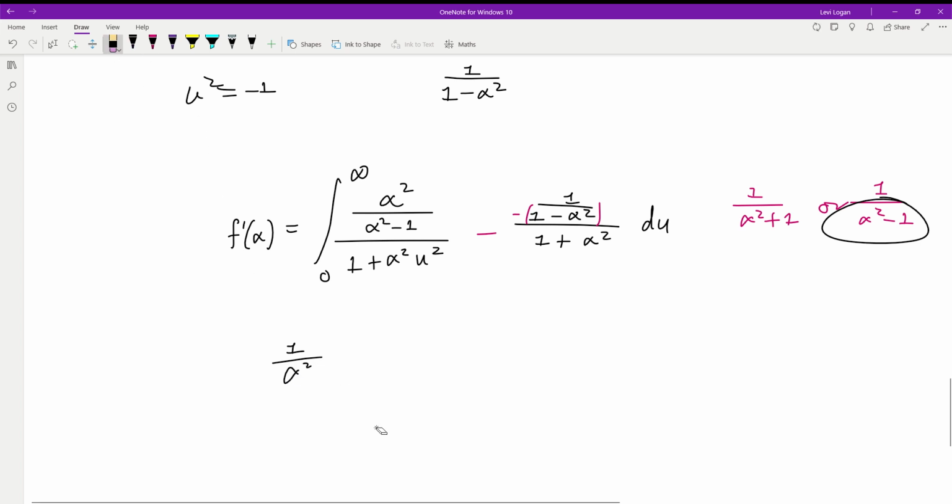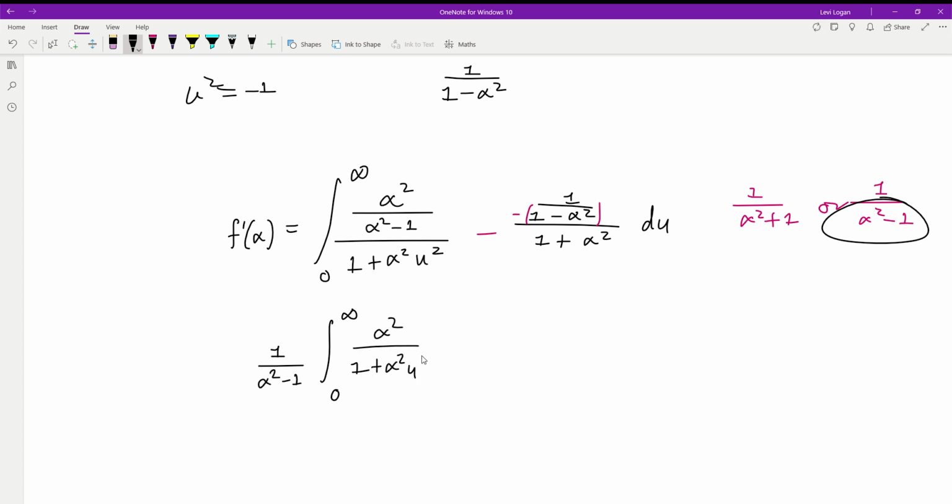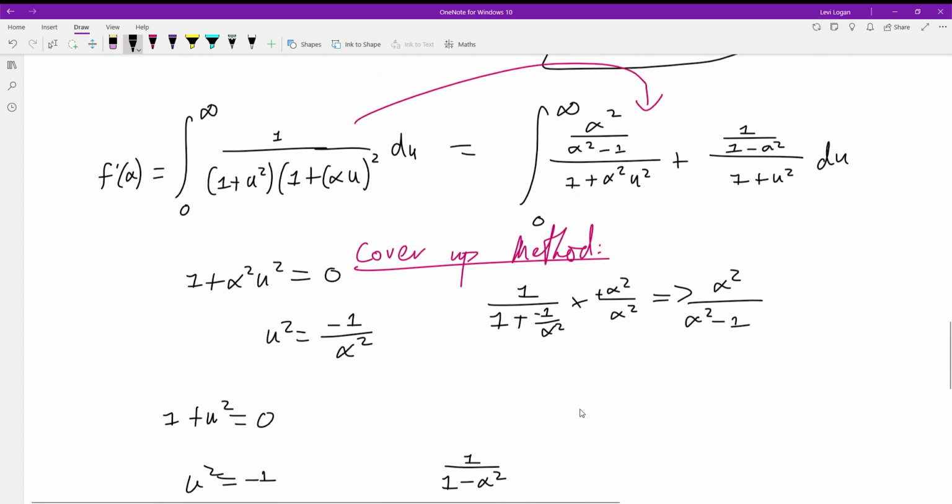Oh, let's write that a bit better. 1 over alpha squared minus 1, and then the integral from 0 to infinity of alpha squared on 1 plus alpha squared u squared, minus 1 over 1 plus... I've written something down wrong.